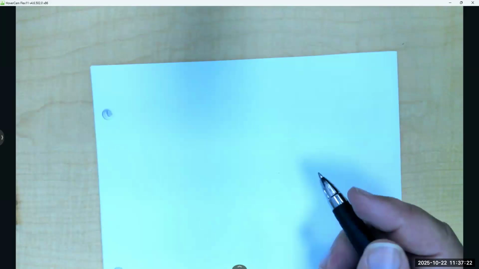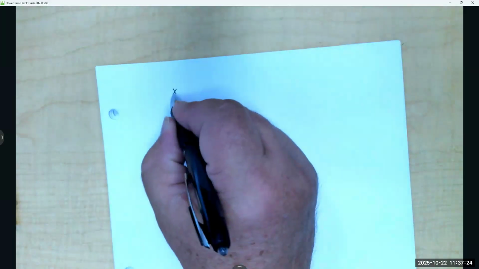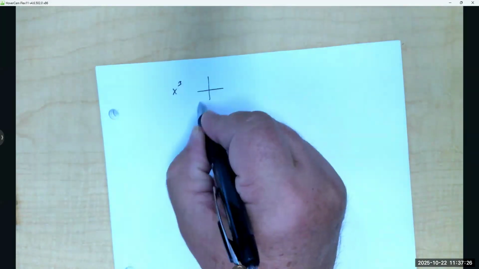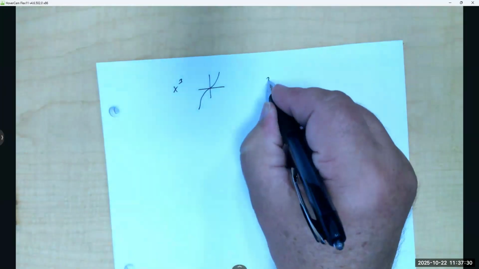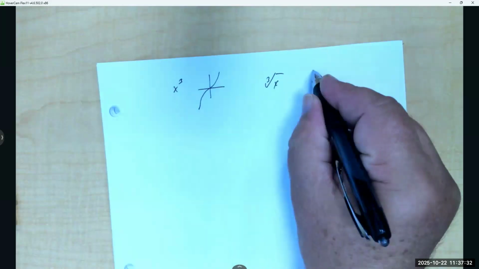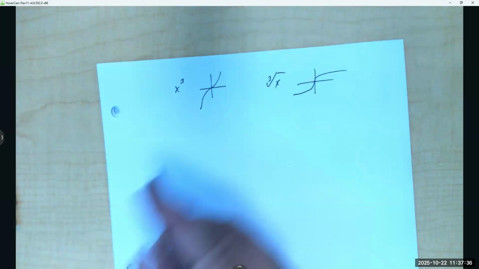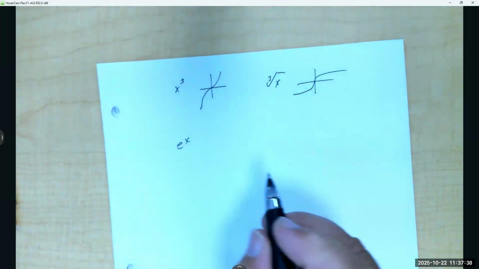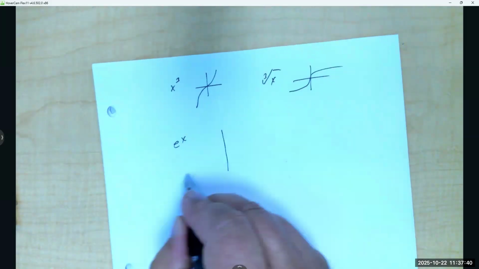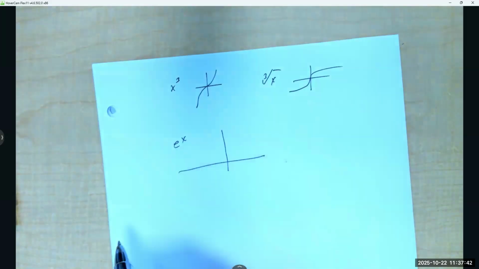Well, there's a whole bunch of them. The cube function. The cube root function. Exponential function. What does the exponential function look like?